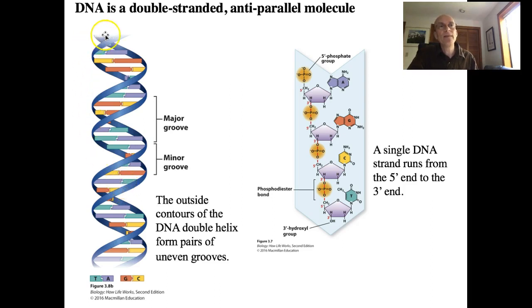Well, when that forms a double helix, the outside contours of the DNA are not even. Because of the way that the twist occurs in this double helix, there's what's called a major groove. There's more space here, and there's less space here. It's always a major groove, a minor groove, a major groove, a minor groove.